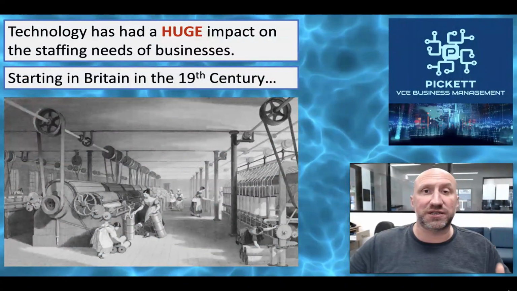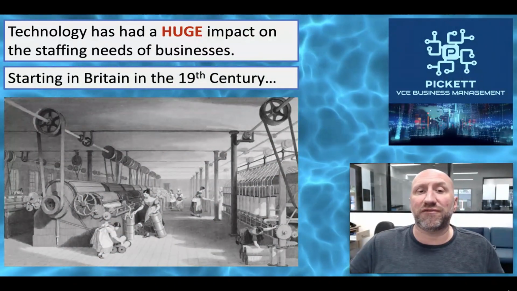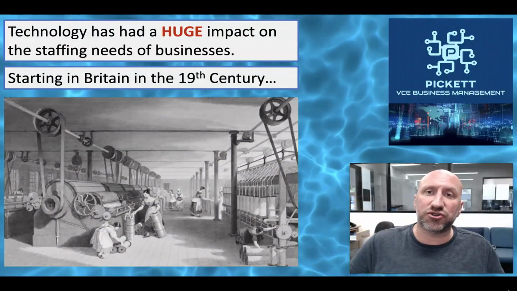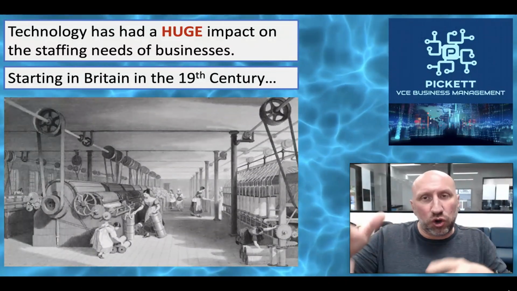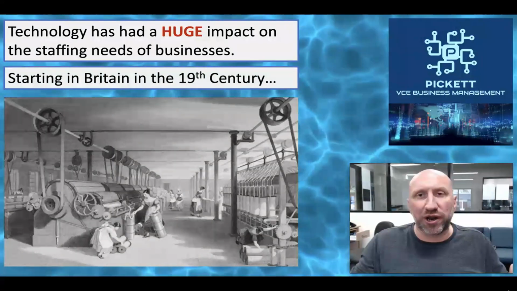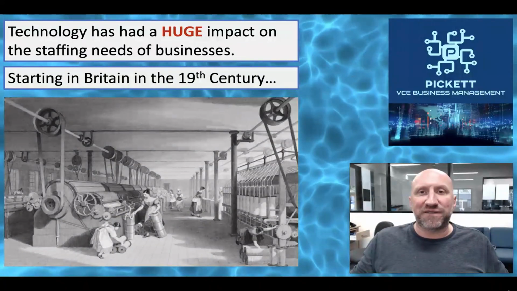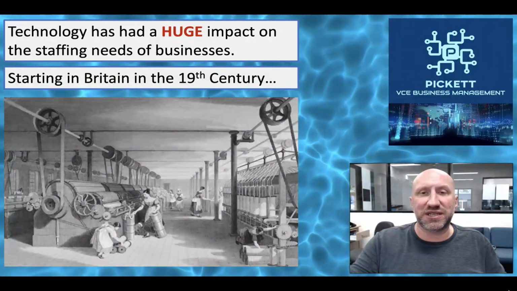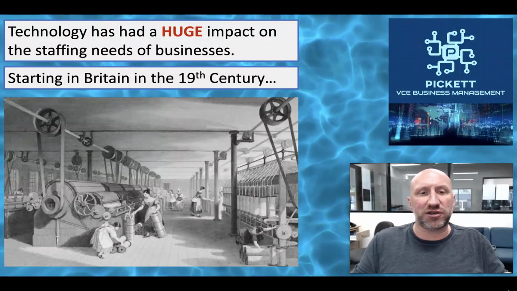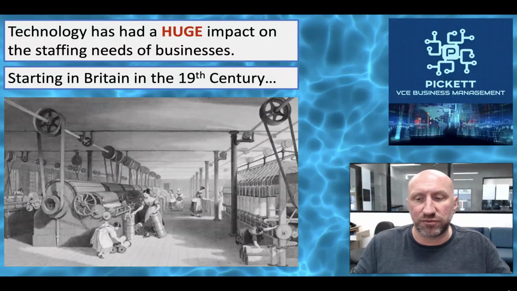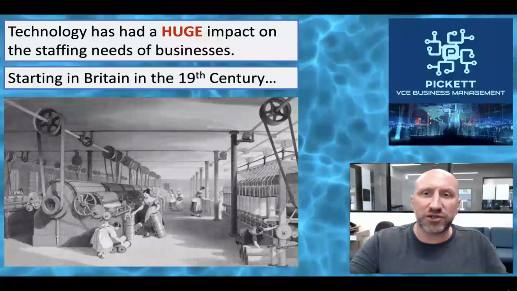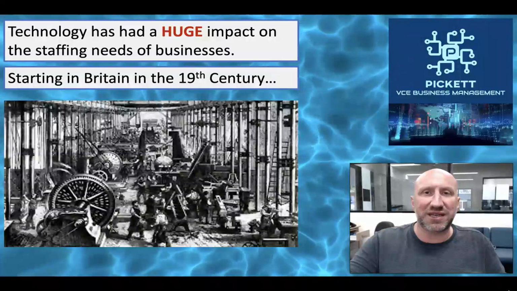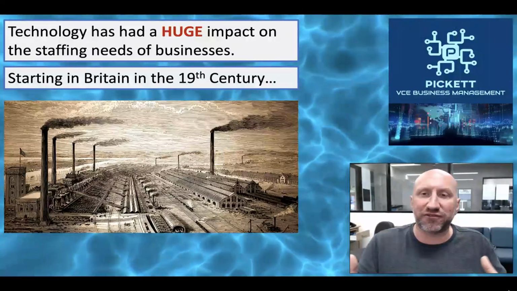So this started back with the Industrial Revolution, 19th century, the first time where instead of cottage industries creating products, factories were created in the cities to mass produce products. Originally, it was the rag trade, cotton predominantly. So these big looms and weaving machines, as you can see there, created these factories.